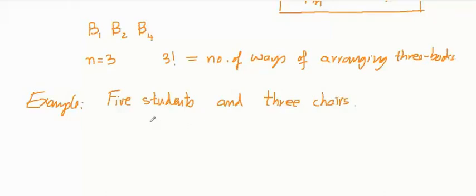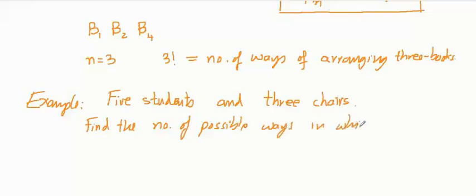So the question is: in how many ways can 3 of these 5 students sit in these 3 chairs? So find the number of possible ways in which these students can sit.